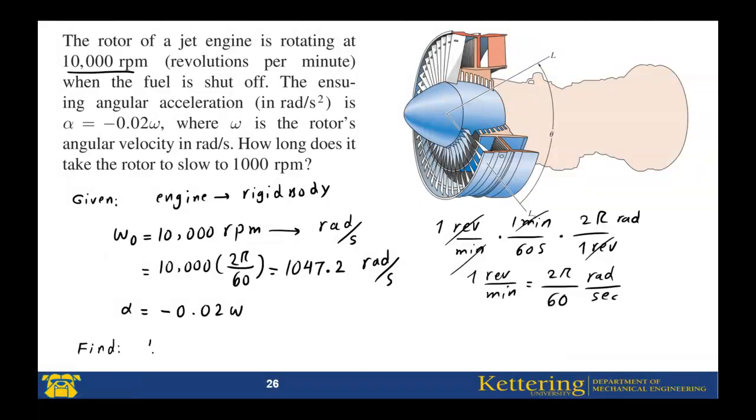We are looking for the time that the rotor slows to 1000 RPM, or 104.7 radians per second.